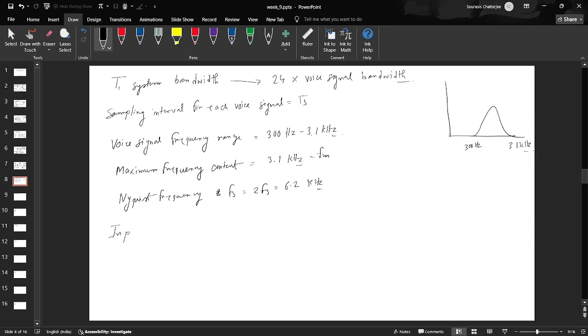In a practical scenario, your sampling frequency for voice is given as Fs of 8 kilohertz.